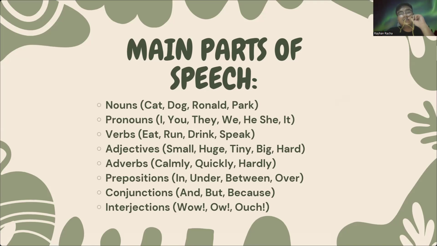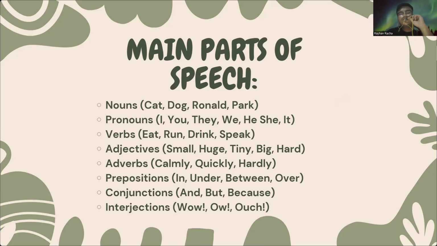The next one is preposition, which is a part of speech that explains the position of something. For example, "that book was under the table." The word under counts as a preposition in that sentence.